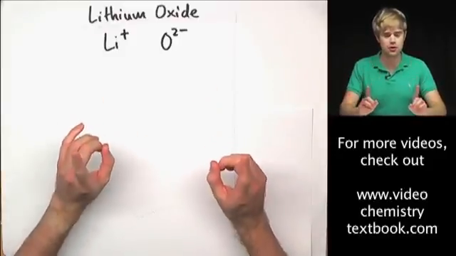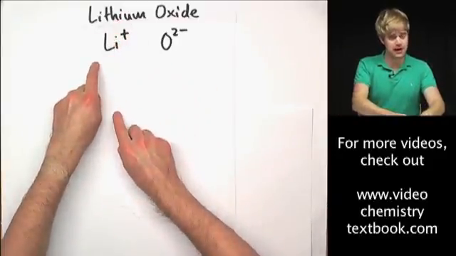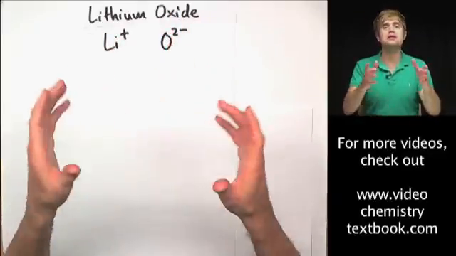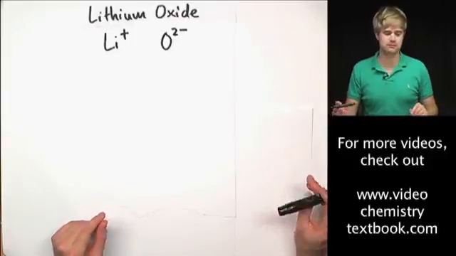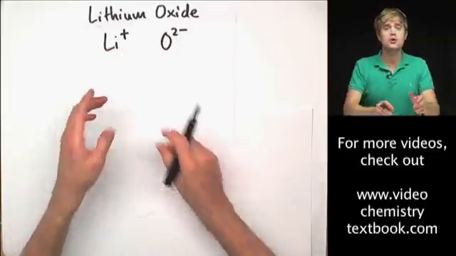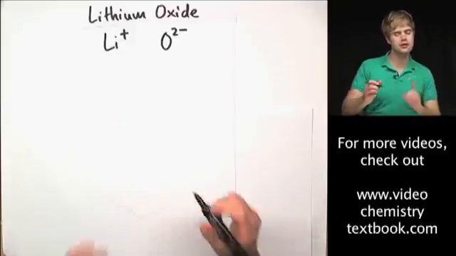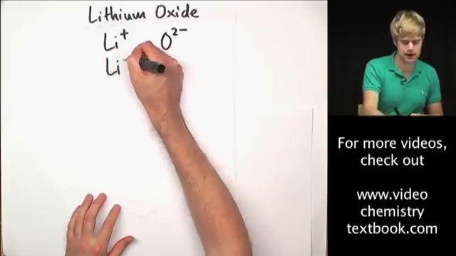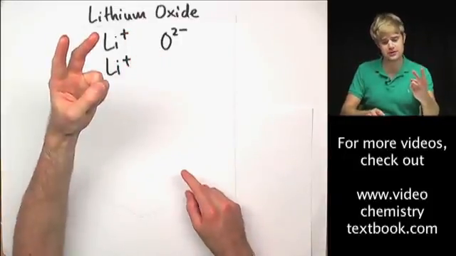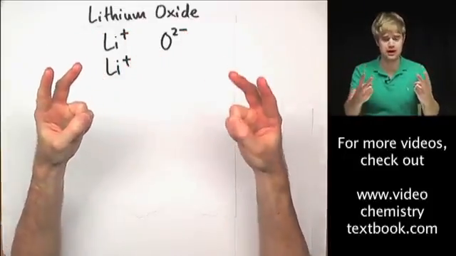So what I can do is add more lithium atoms, add more oxygen atoms, or add both of them until I get the charges to balance out. I have 2- here and only 1+ here. So I'm going to add another lithium atom, Li+, so that now I have 2 positive to balance out my 2 negative.